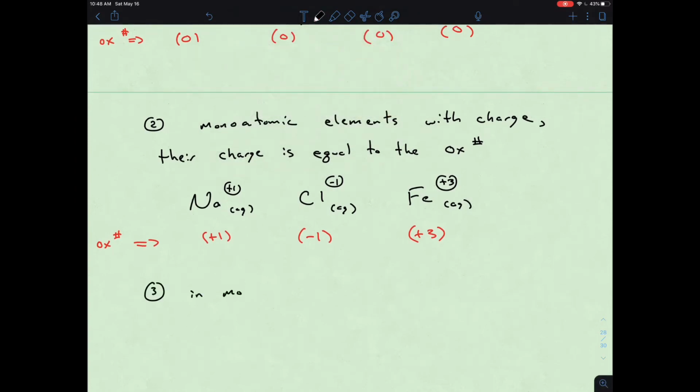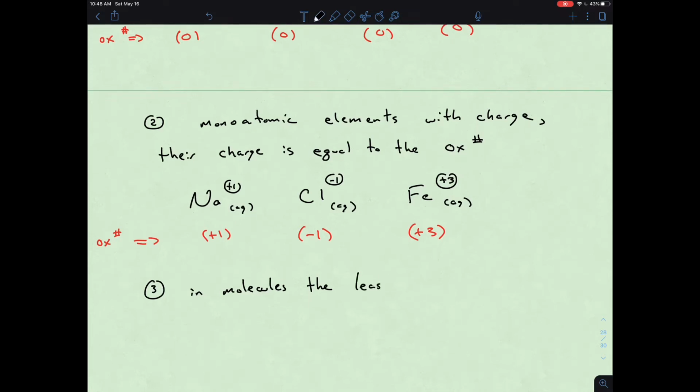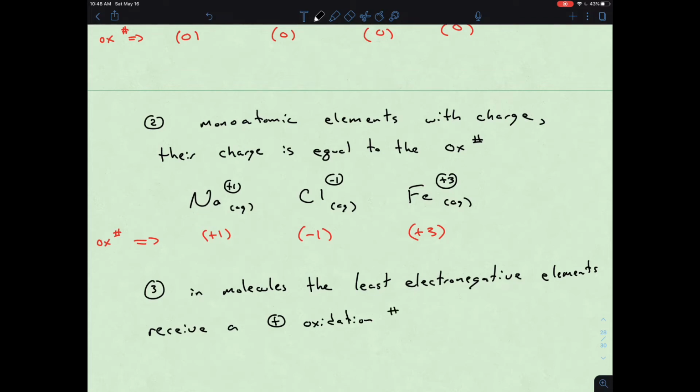In molecules, the least electronegative elements receive a positive oxidation number.